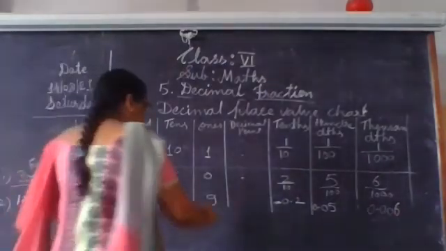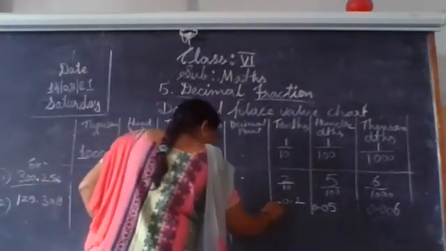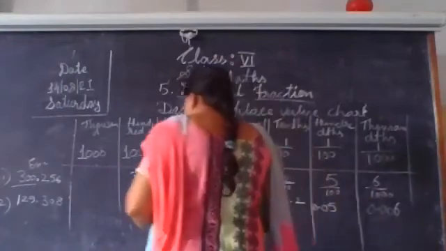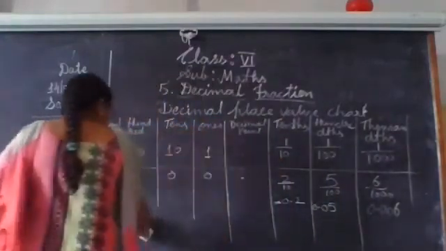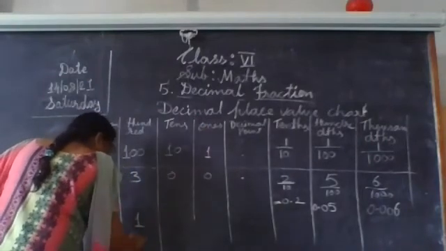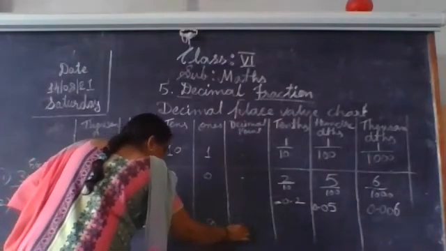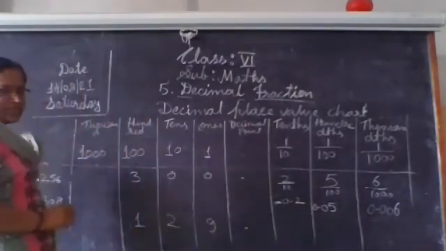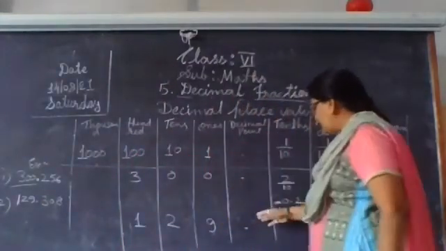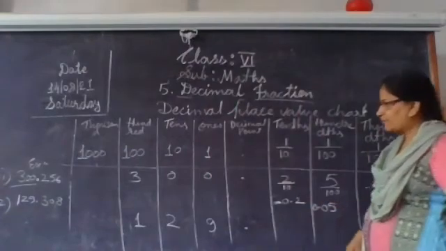Now the decimal point. So this decimal point is the partition between the whole numbers and the decimal numbers.